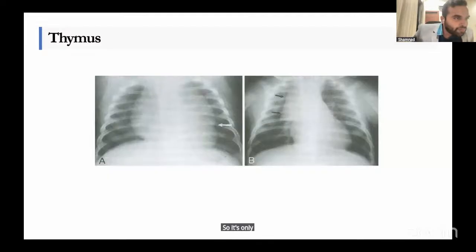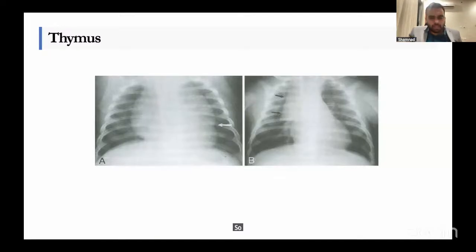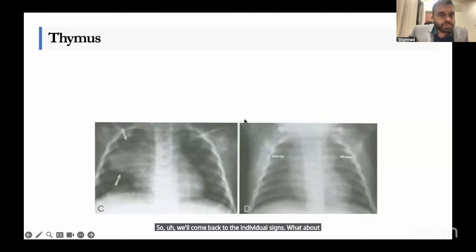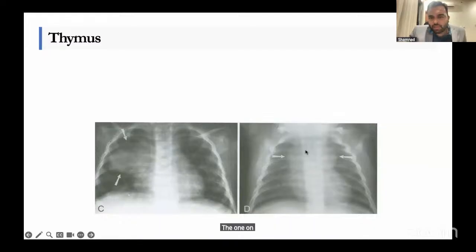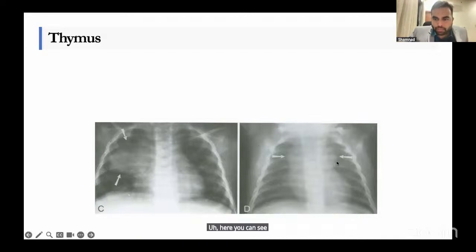So I can see a wave sign somewhere by Dr. Jatin. Okay. So we'll come back to the individual signs. What about these two? The one on the C, what is D? So this you feel like a right-sided consolidation patch or something, like a cricket ball sitting in the middle of the right hemithorax. Here you can see thymus looking like a figure of 8 and all.